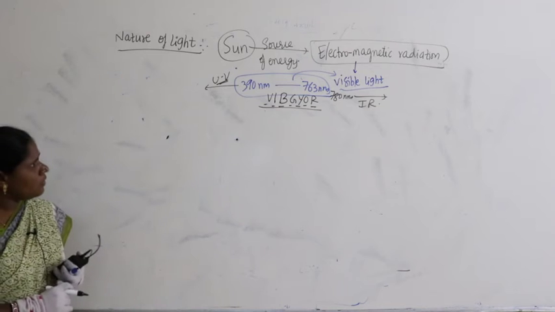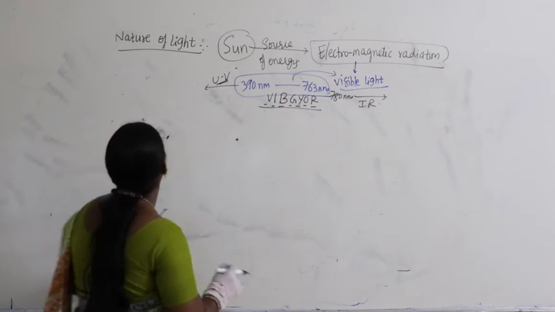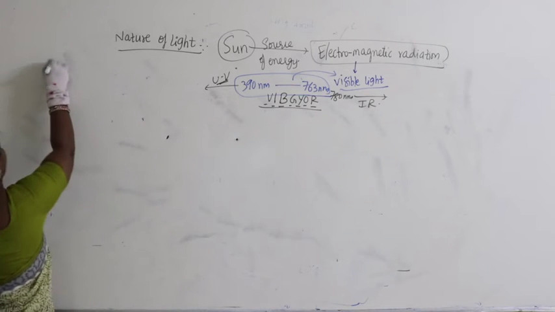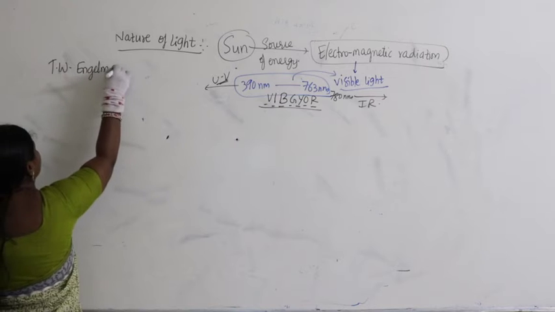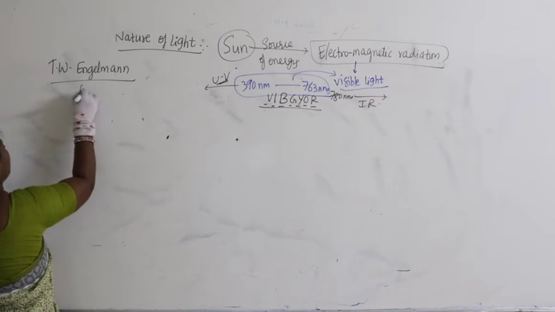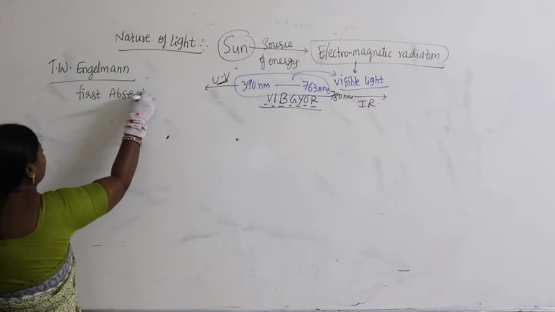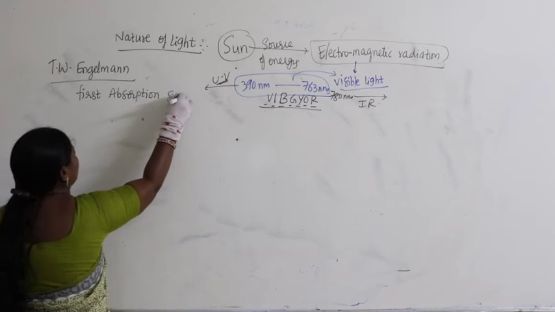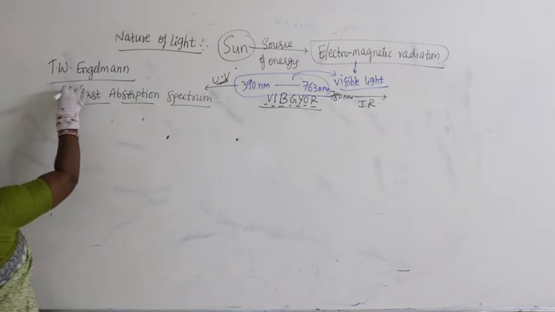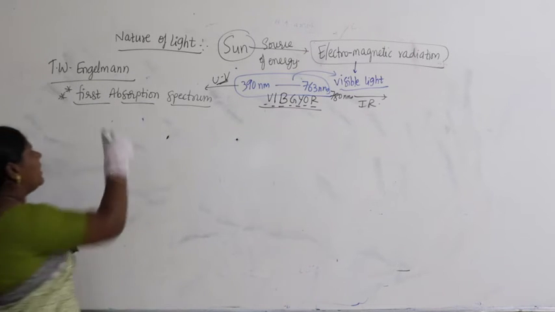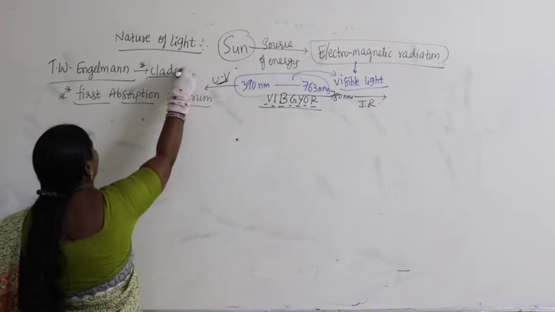Here, first, you know T.W. Engelmann. Engelmann is a scientist who studied what? The first action spectrum, or absorption spectrum. How was it studied? With the help of an experiment on Cladophora.